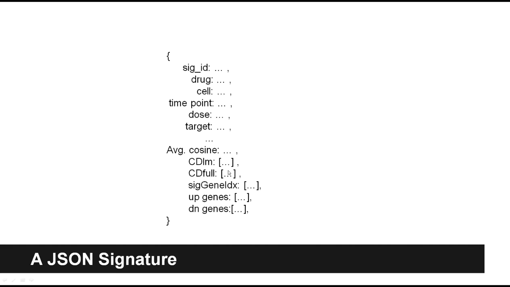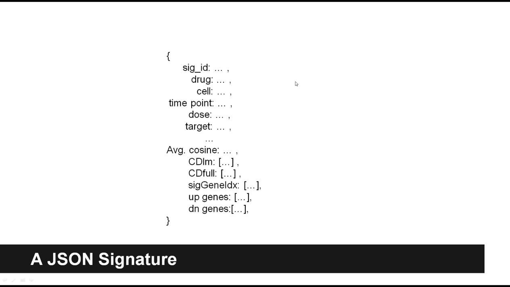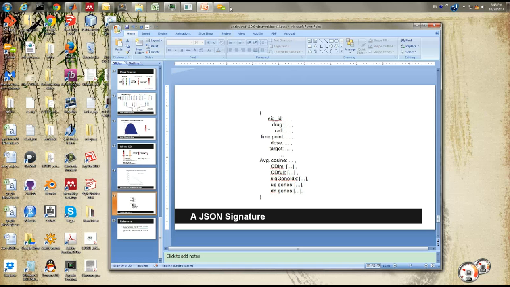Also the CD landmark, the characteristic direction calculated using only the landmark genes, and the CD full, the characteristic direction calculated using the full gene set, and the SIG gene index, the index of the genes that are significantly differentially expressed, and also the up genes and down genes. We basically pick the top components in this index. Here's a reference. I think this is basically all I want to present.